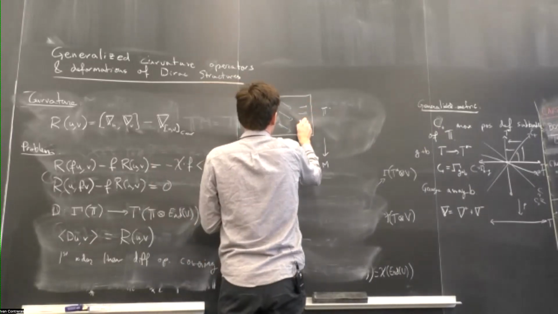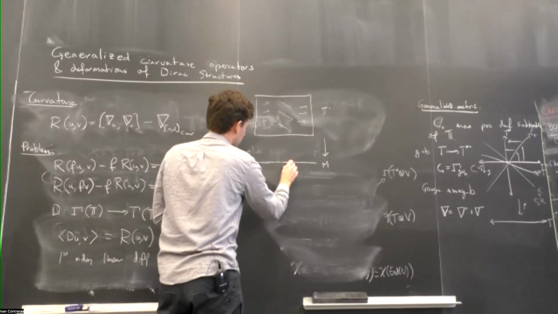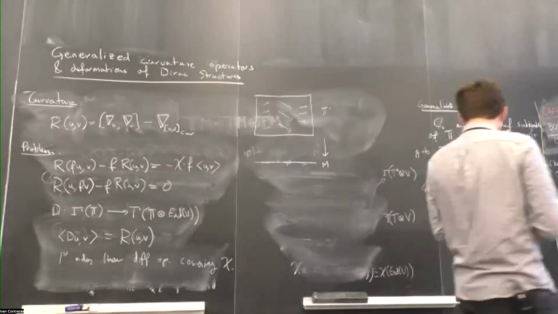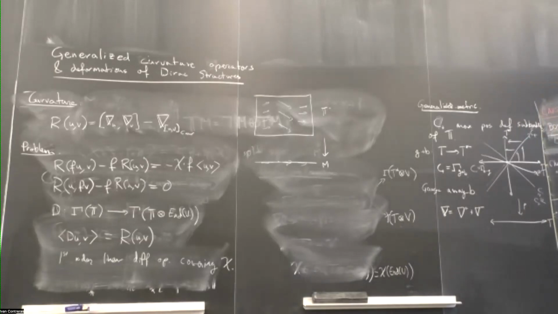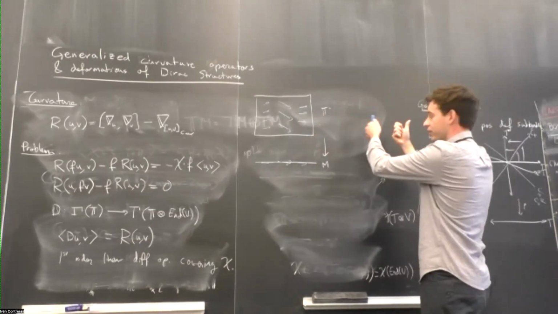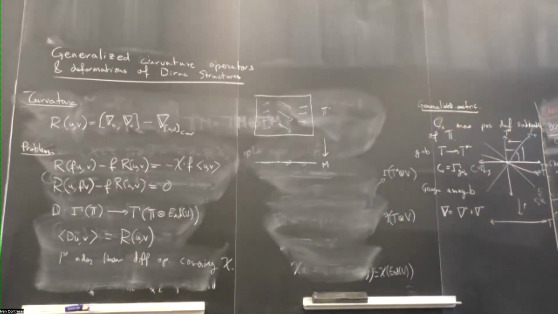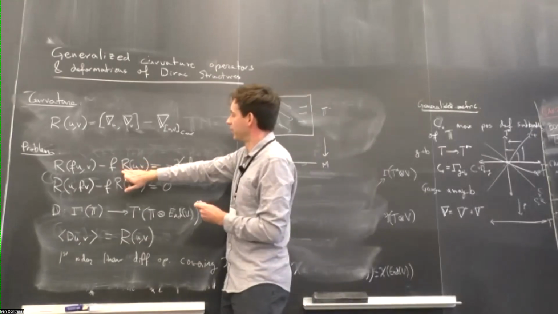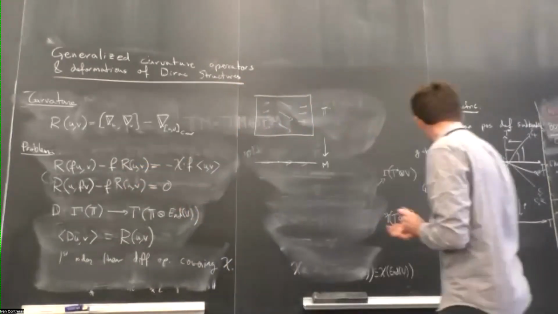And this vector field covers some vector field on M. And one thing you can do with this vector field is you can use it to sort of drag around your generalized metric. You could take some flow and you can move the generalized metric in some direction. And this is not all that interesting until your curvature depends on the generalized metric. So how do you get these things?